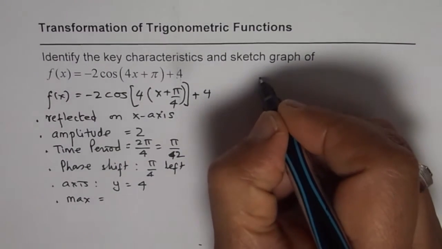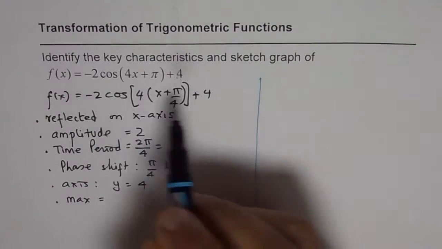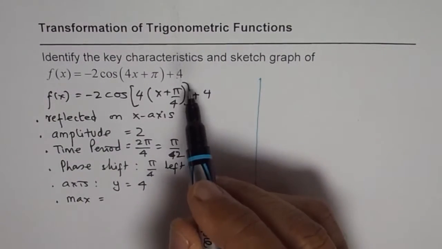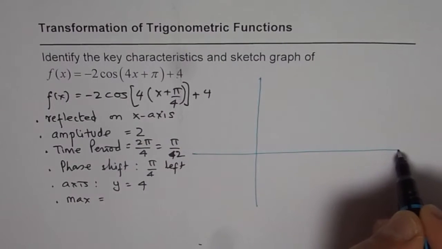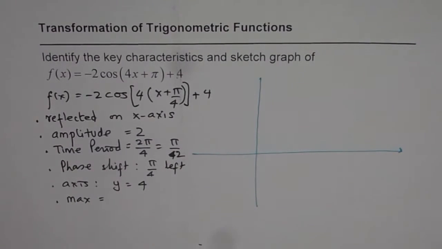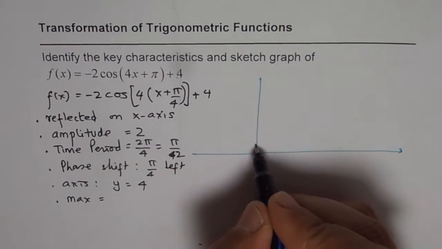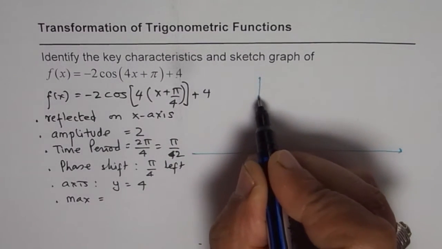So what we will do is we'll try to sketch and then relate all the things at one time. So let me say that this is my y-axis. Now this is to the left anyway, so that means we expect it to come on this side, plus 4 and then reflection. So let me draw a line slightly like this. Okay, that should work. Now since we are talking about a translation of 4 units, let us say this is my 1, 2, 3, 4, 5, 6.